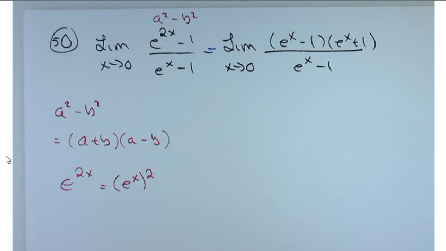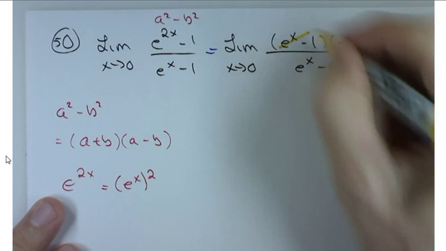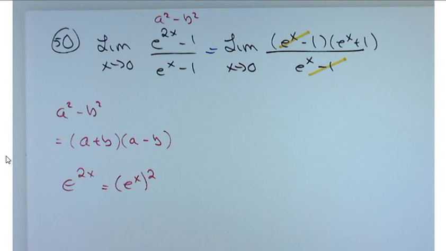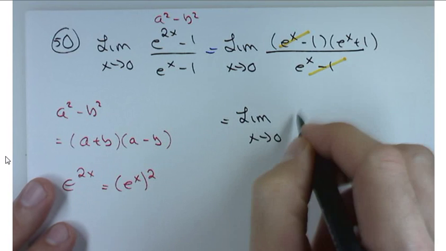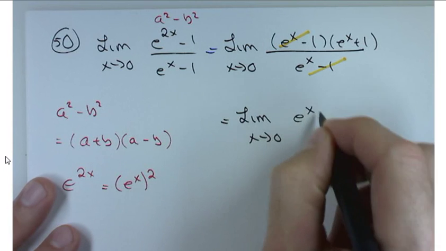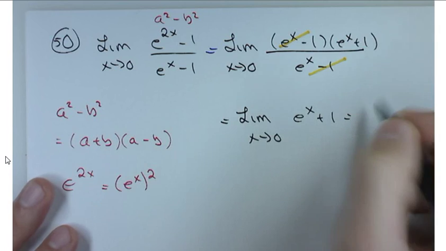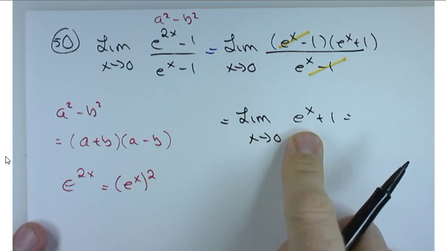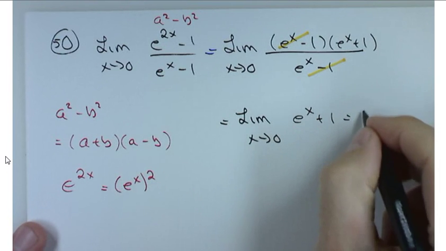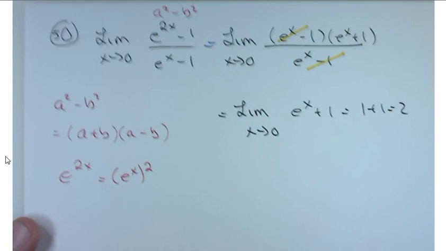But after we catch that, well, then life gets pretty easy. That cancels. We're left with the limit as x approaches 0 of e to the x plus 1. What's that limit going to equal? Yeah, 2. Exactly. 1 plus 1, get a limit of 2. Thank you.